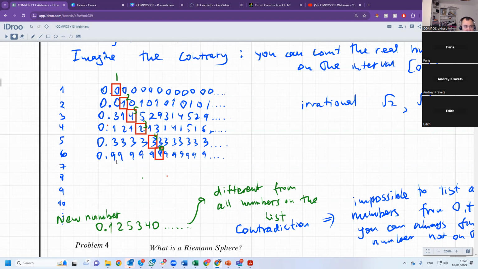So the new number is different from the first number on the list. For the second digit, I take the second digit of the second number, but I change it. So it's different from the second number on the list.